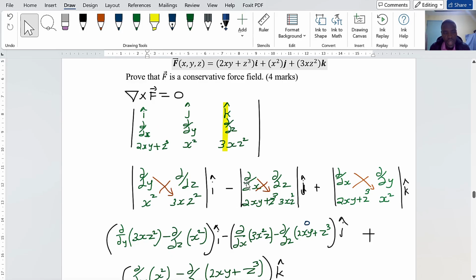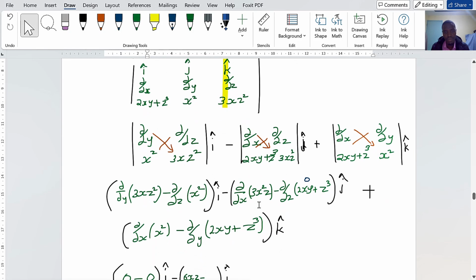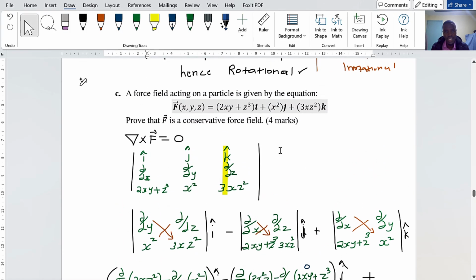When you want j, you do d/dx, then d/dz. This 2xy plus z cubed, then 3xz squared, 3xz squared. So d/dx of 3x squared z, then d/dz of this. When you want k, I'm counter checking.